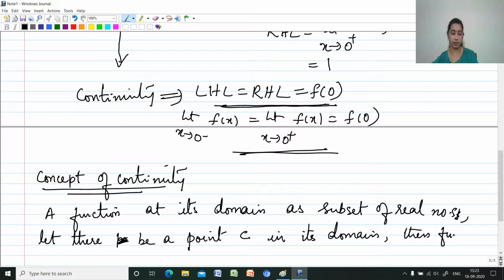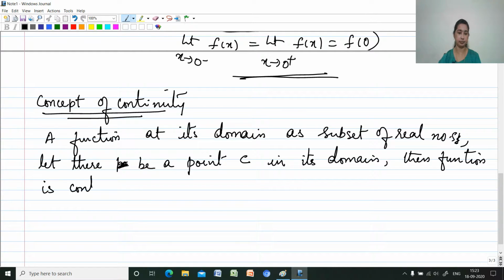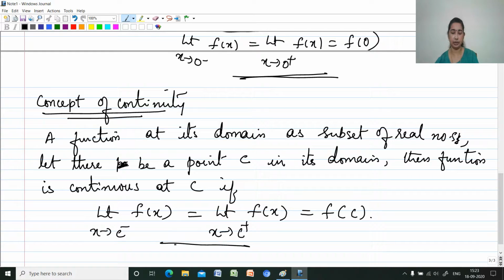Then the function is continuous at C if limit x tends to C minus f of x is equal to limit x tends to C plus f of x is equal to f of C. So that is the concept of continuity. So if there is a point C in its domain, then the function is continuous at C if limit x tends to C minus f of x equals limit x tends to C plus f of x, which is equal to f of C.